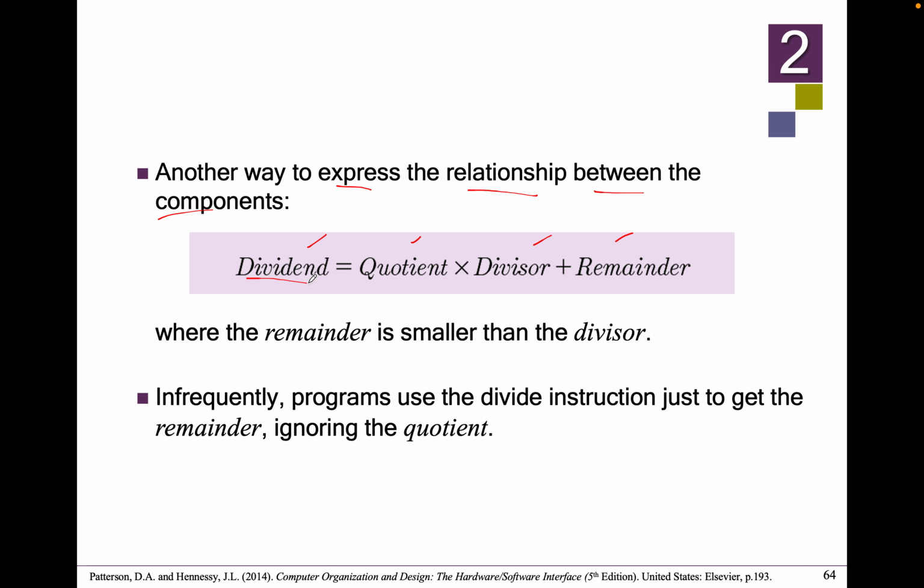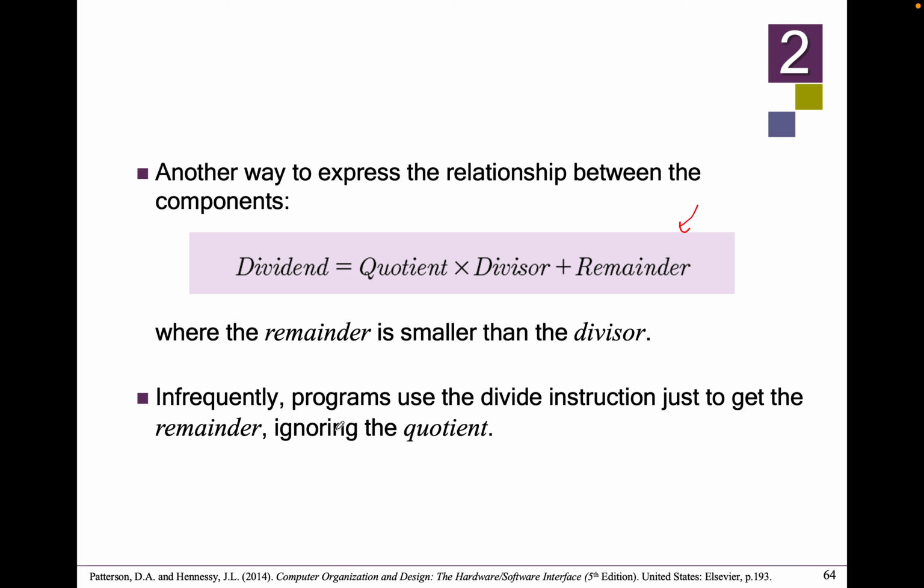The dividend is equal to the quotient multiplied by the divisor plus the remainder. This is the equation you need to remember, a relationship between each other. Sometimes you need to apply another method, similar to the multiplier last time. It's okay, we take a look one by one.